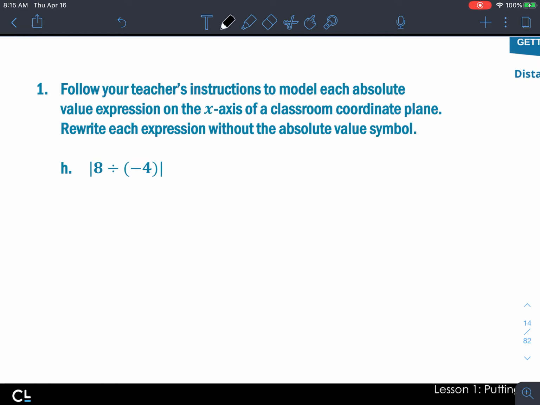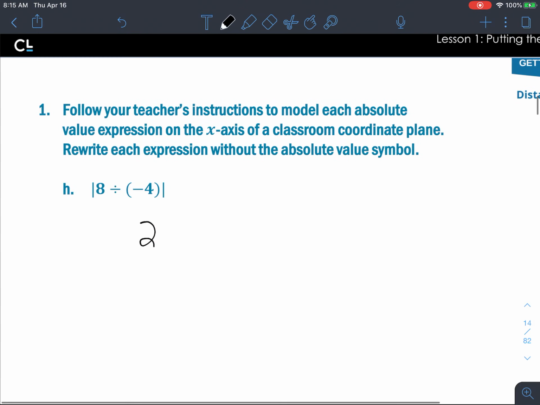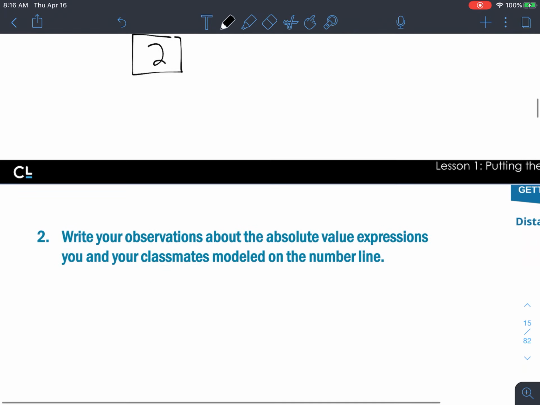We should know that 8 divided by 4 gives us 2. And because one's a positive and one's a negative, it stays negative. With the absolute value, it changes to be 2. Okay? As I said, it's pretty easy with those.